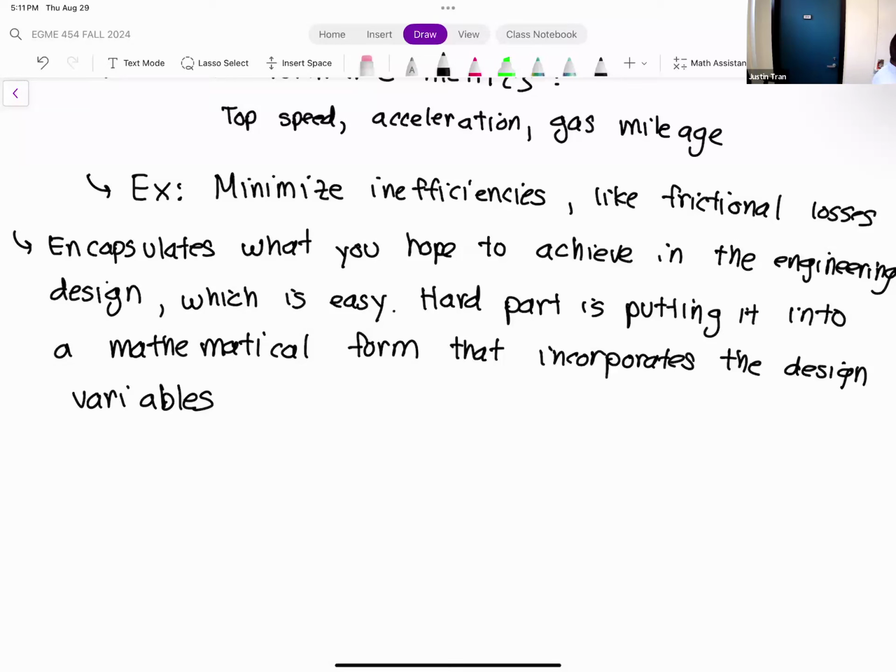So, just to give you an example, right? Let's say you're working for Ferrari, right? You want to maximize the top speed of the car that you're designing, and one of the design variables that you're considering is the diameter of the tires. So you want to form an objective function that takes the diameter of the tires and defines the relationship with top speed.